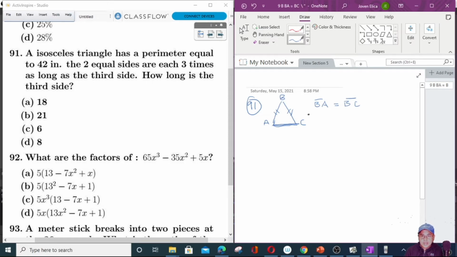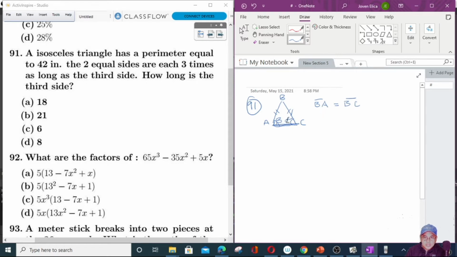Another property is, if these two sides are equal, the angles opposite to them are also congruent, or equal.